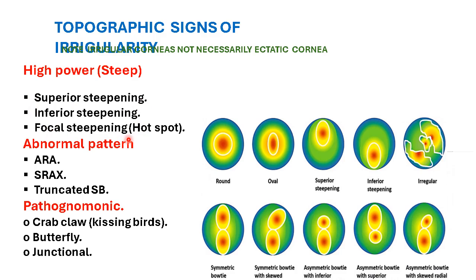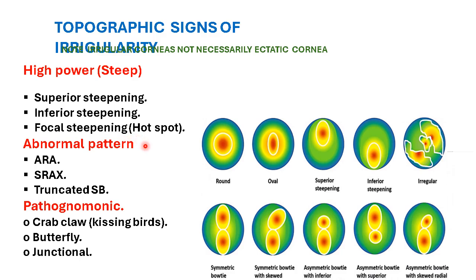Now, as I said before, there is homogeneity between the two halves of the cornea across the horizontal midline. However, if this homogeneity is disturbed, so that the inferior cornea is steeper than the superior cornea by more than 1.5 diopters, this is suspicious. Or if the superior cornea is steeper than the inferior, this is also suspicious.